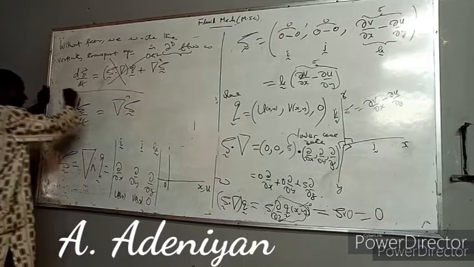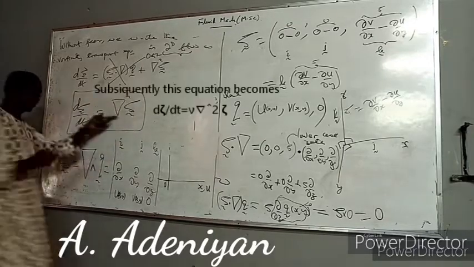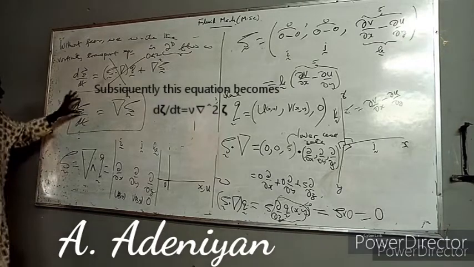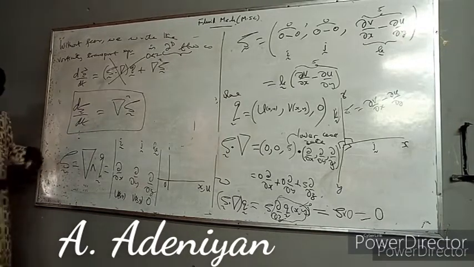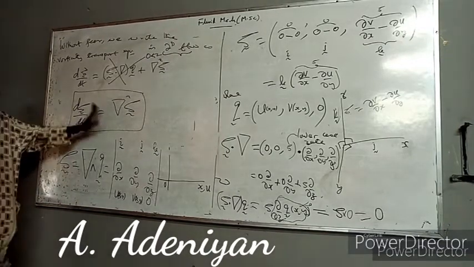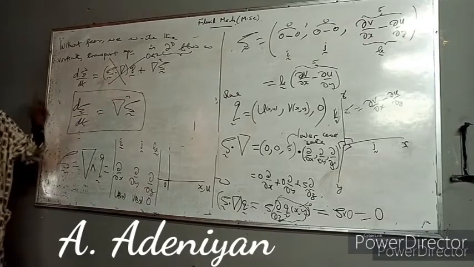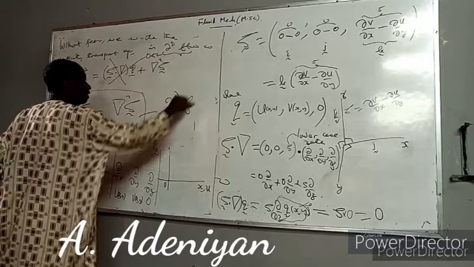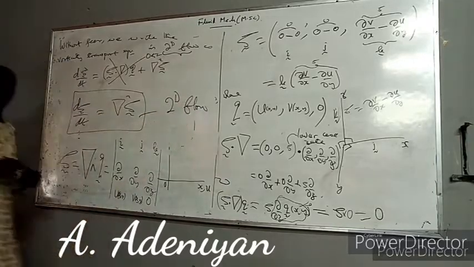Of course, this indeed shows the diffusivity of the vorticity vector. Diffusivity is the way it is diffusing through the fluid, and that is established by this for 2D flow. This is generally true for 2-dimensional flow.